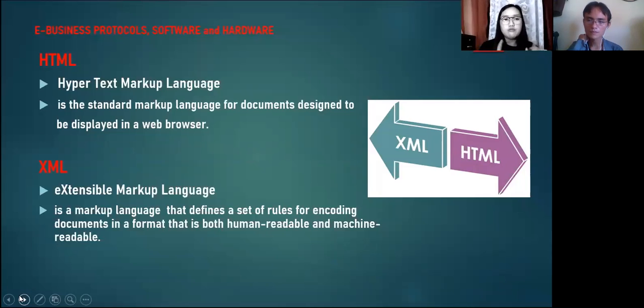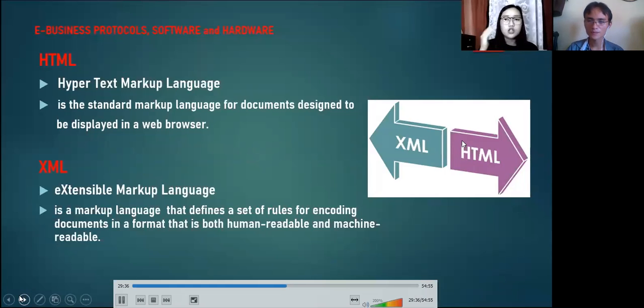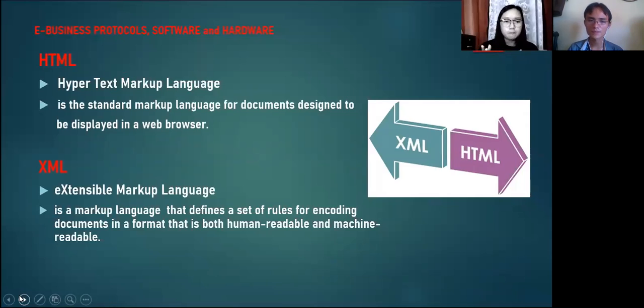So human readable means any encoding of data or information that can be naturally read by humans, while machine readable means structured data in a format that can be processed by a computer.